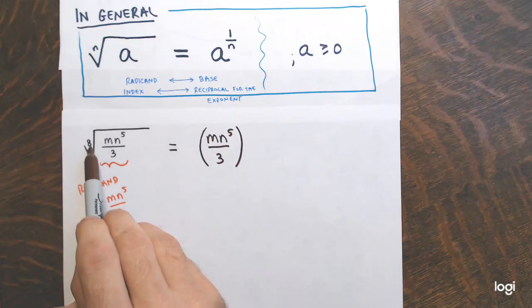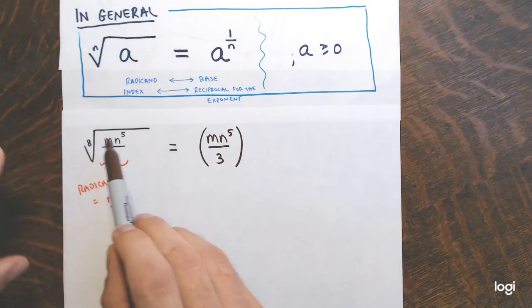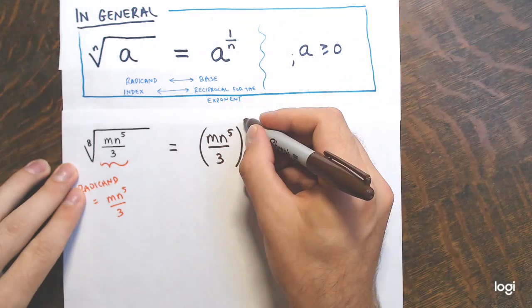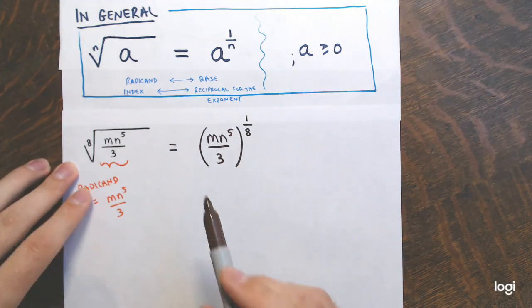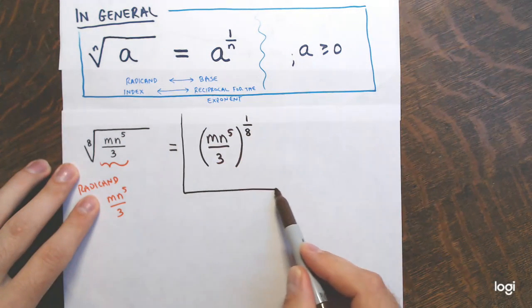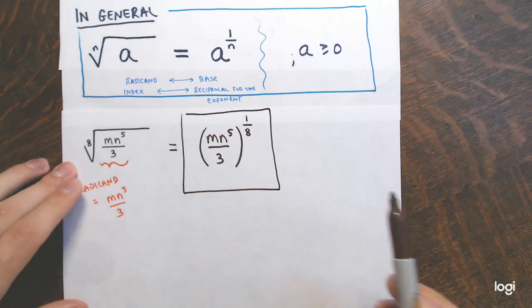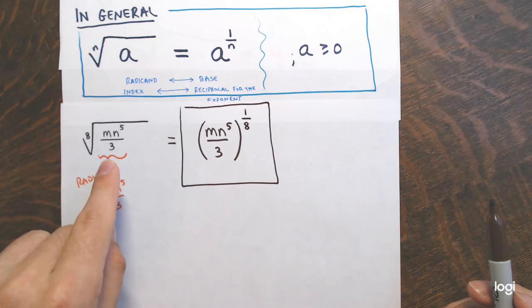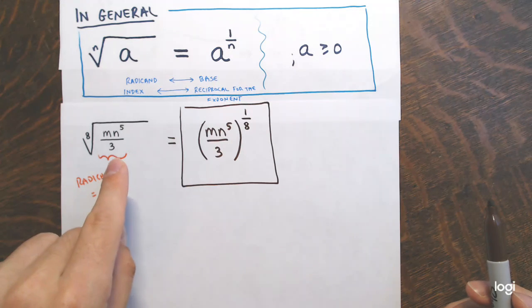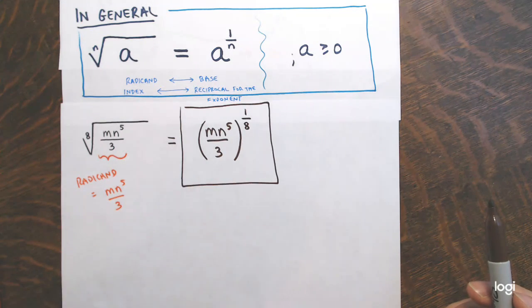So the index of the radical is 8, meaning the exponent of the equivalent exponential statement will be 1/8. And that's it. Put it in a box here. This expression means exactly the same thing as this expression. One is a radical though, and one has an exponent.